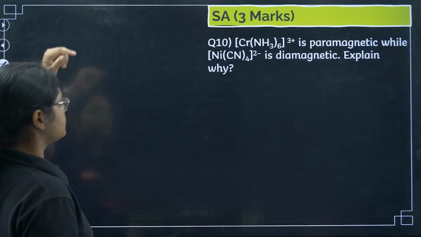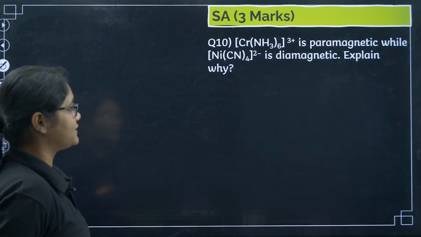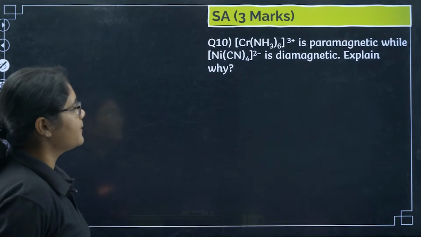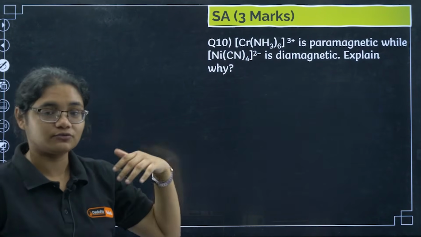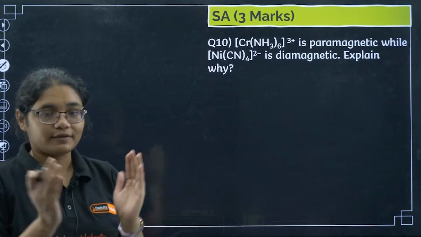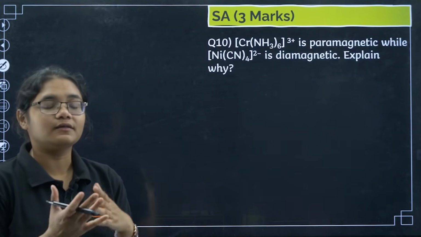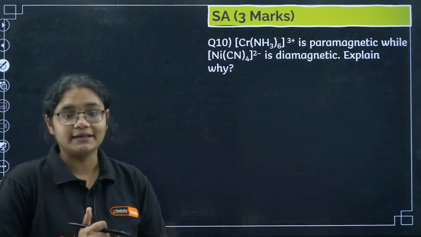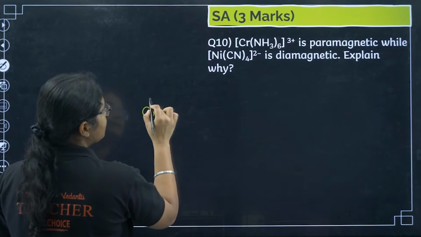Now coming to the next one, [Cr(NH3)6]3+ is paramagnetic, whereas [Ni(CN)4]2- is diamagnetic. Explain why. Okay, so for [Cr(NH3)6]3+, NH3 is a strong field ligand. So we should expect that there is pairing of electrons and we should have diamagnetic nature, but it is actually paramagnetic. So what happens here? See, chromium +3.